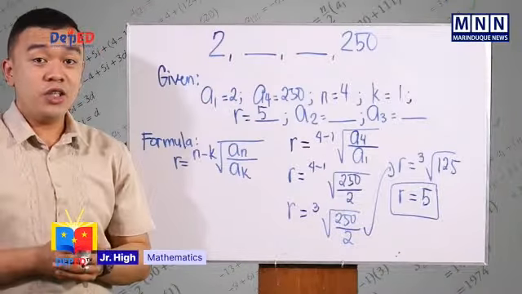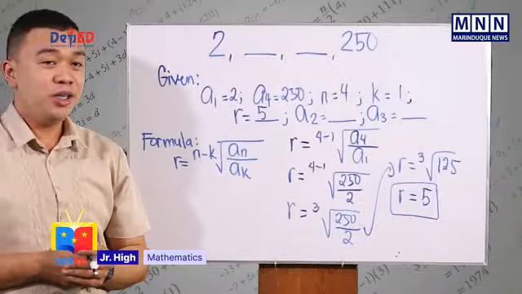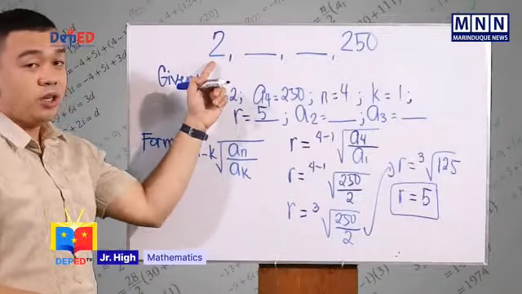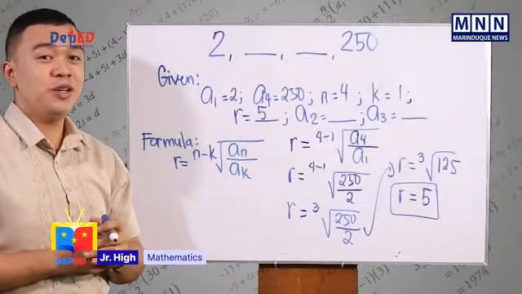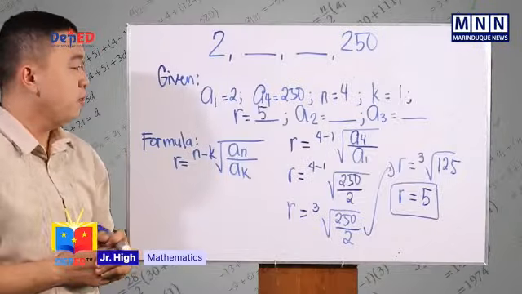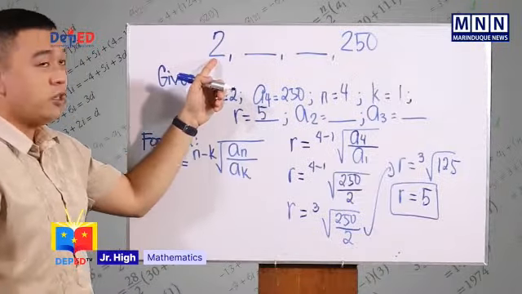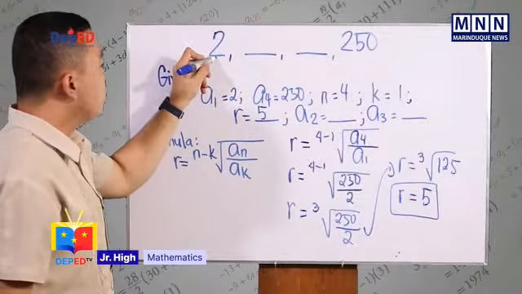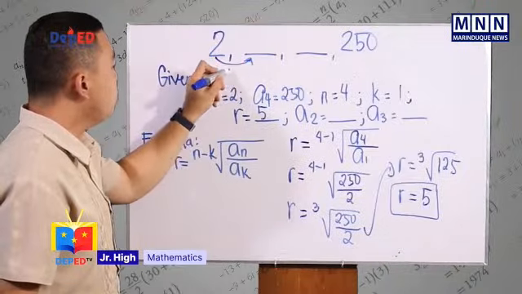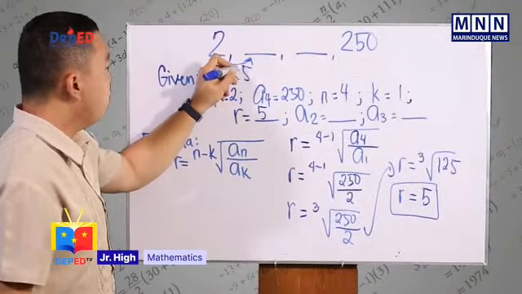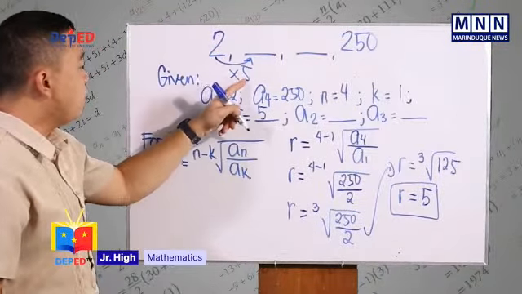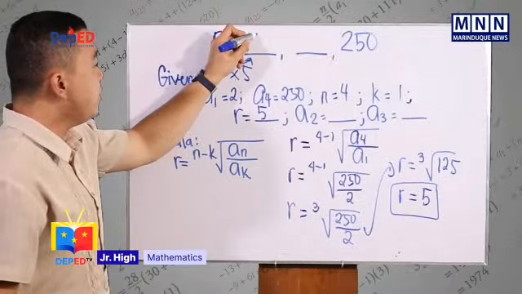To get the succeeding term, remember to multiply the preceding term times the common ratio. Since we have 2 as our first term, we will multiply it by the common ratio, which is 5. So 2 times 5 will give us 10.